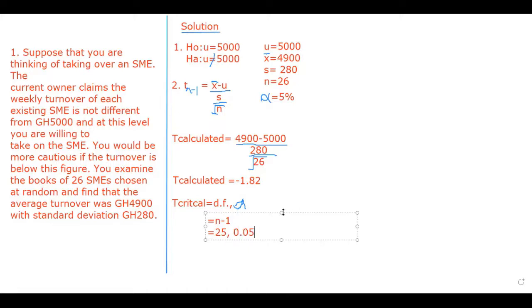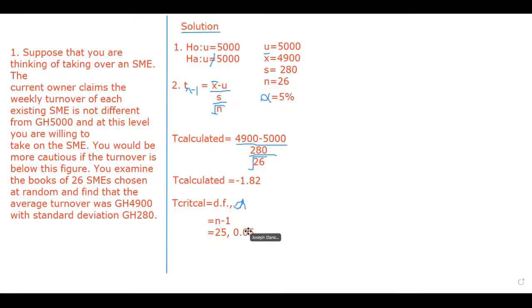And I'm saying, don't say that because this sign is equal to, it's 2 tail test. Don't say that because this hypothesis is 2 tail test, we are going to divide the alpha by 2.